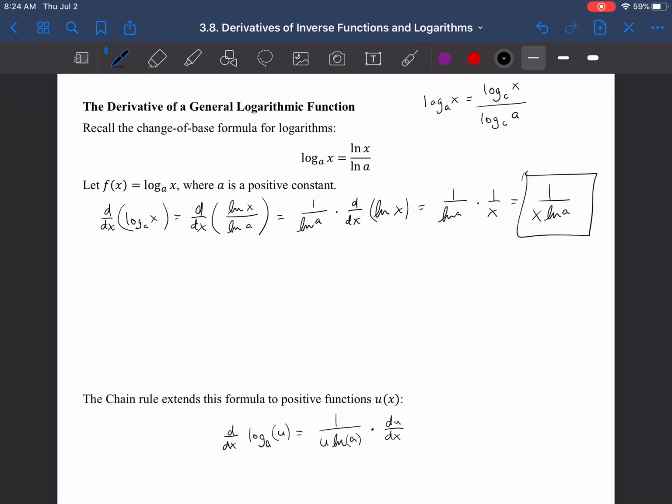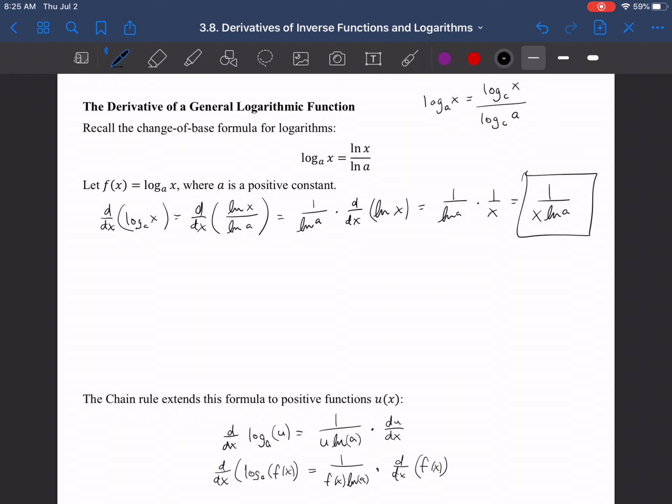And if you prefer the f of x notation, the derivative of the log base a of f of x is just going to equal 1 over f of x times the natural log of a, times the derivative of f of x, like that.